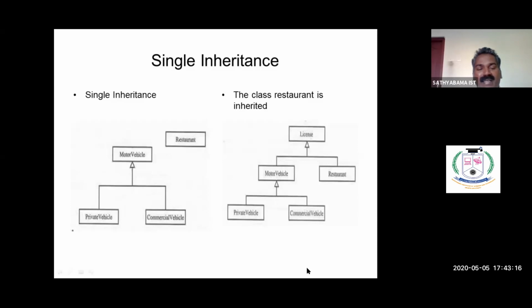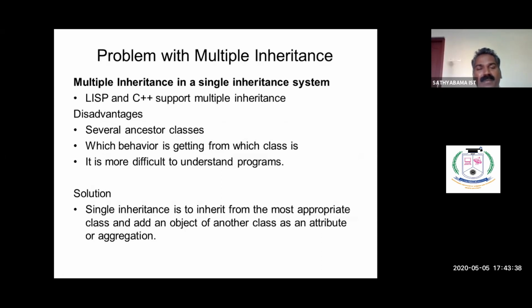Both motor vehicle and restaurant have a common criterion, licensing, since the government has to provide licensing for both. So license is the generalized class, and under that, motor vehicle and restaurant are derived. We have to make the design like this. Then what is the problem with inheritance? The problem with multiple inheritance is that several ancestor classes are there.